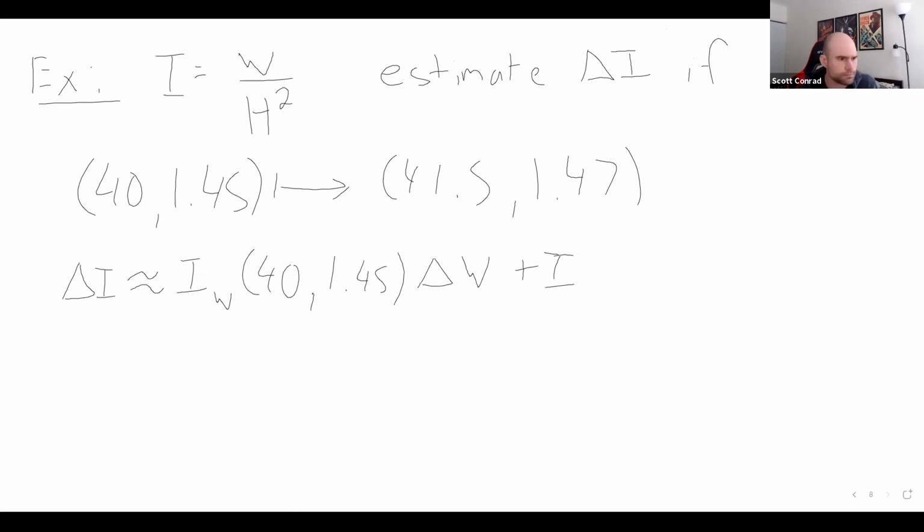So suppose we want to see how the BMI is changing as we go from weight 40 kilograms, height 1.45 meters, to weight 41.5, height 1.47 meters.